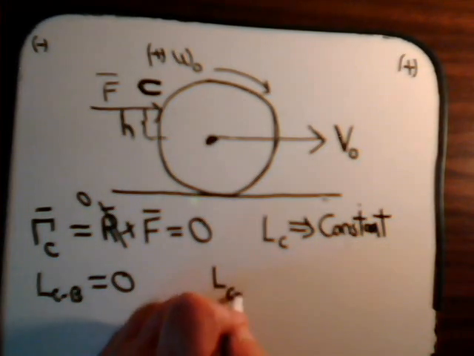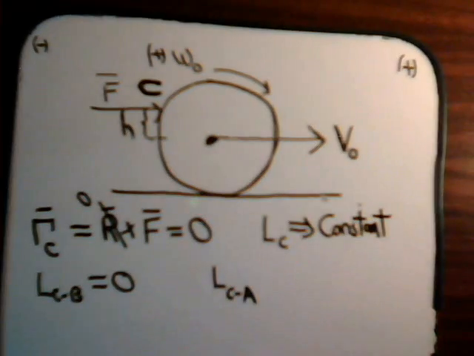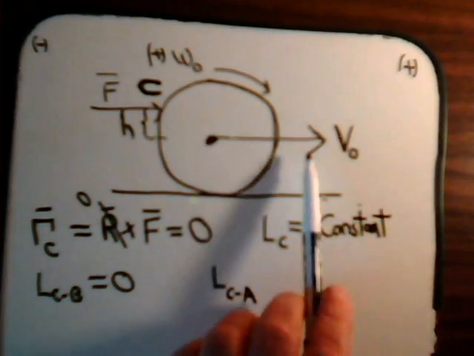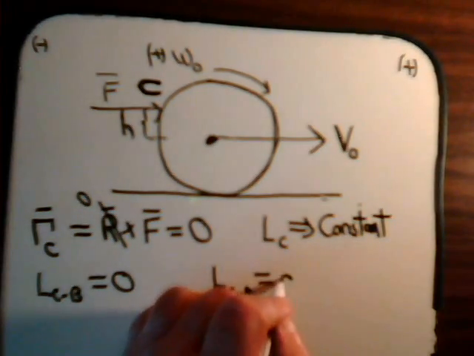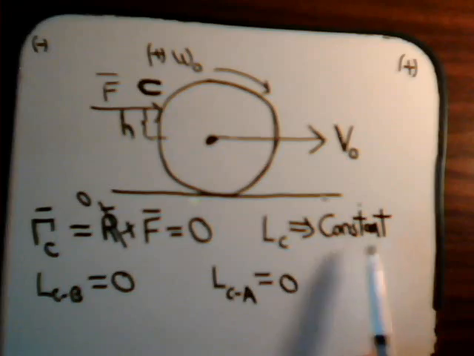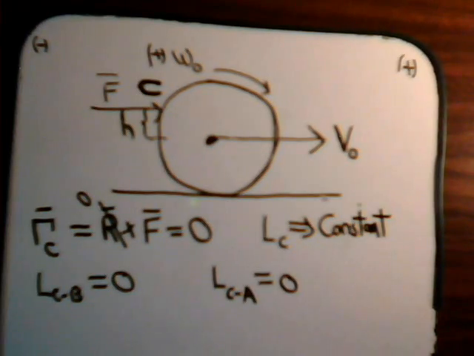So we'll call it LC-A after the ball was struck. Well, even though it has these two velocities, this is still 0. Because the angular momentum about point C is conserved as constant. So if it starts out 0, it has to remain 0.